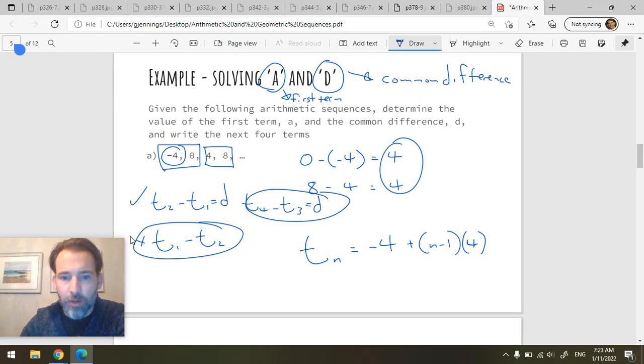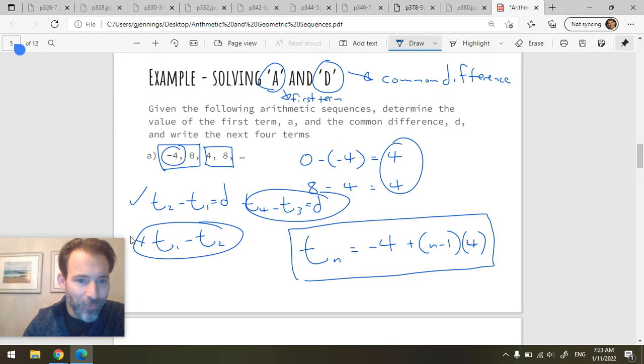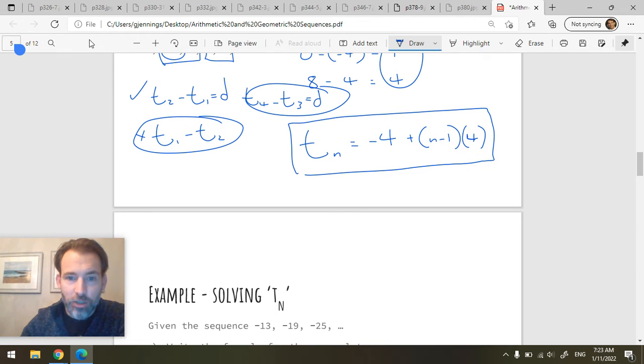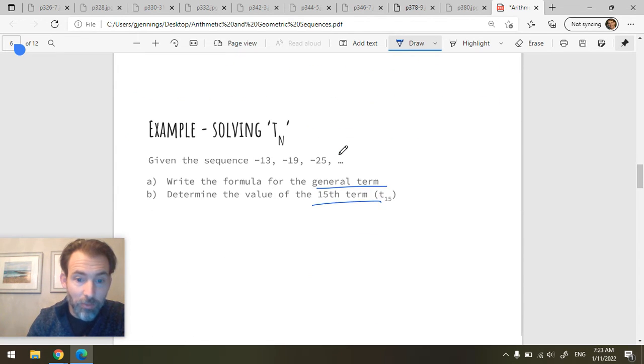This here will generate the whole sequence. So now what if I want to find the 15th term or something? Well, I first need a general term. That's what this is called. This is a general term, and it's going to predict any one of the terms of the sequence.